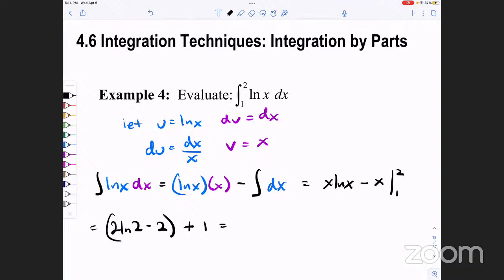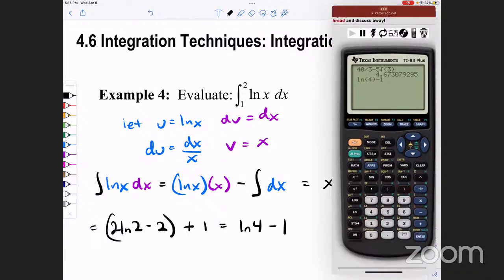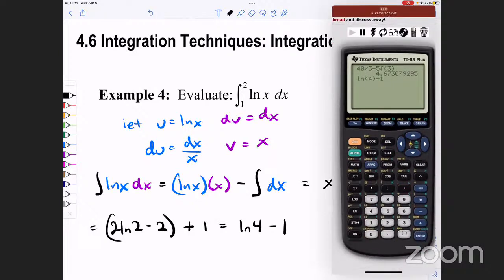So the exact result should be the natural log of 4 minus 1, and then whatever the calculator says. Let's crunch that number. Natural log of 4 minus 1. We get 0.386 approximately.